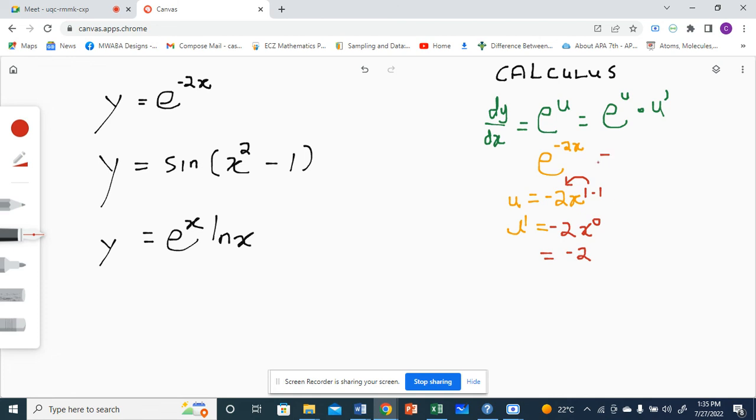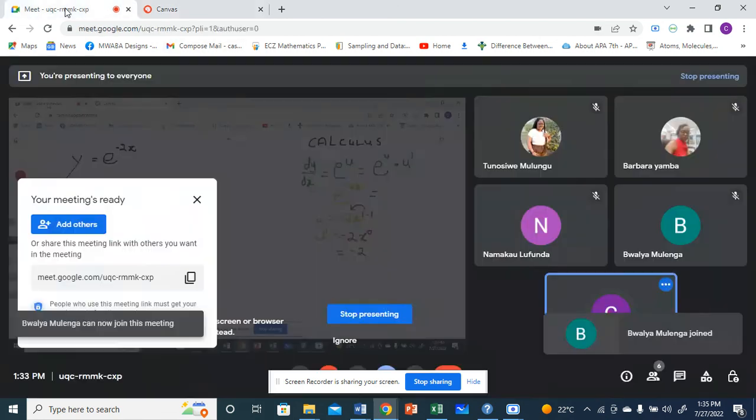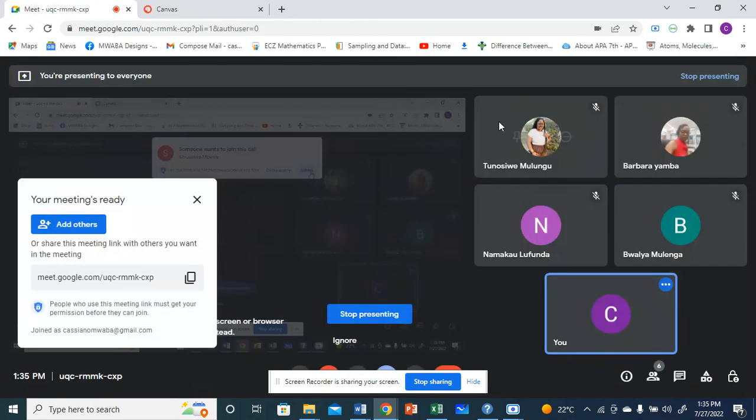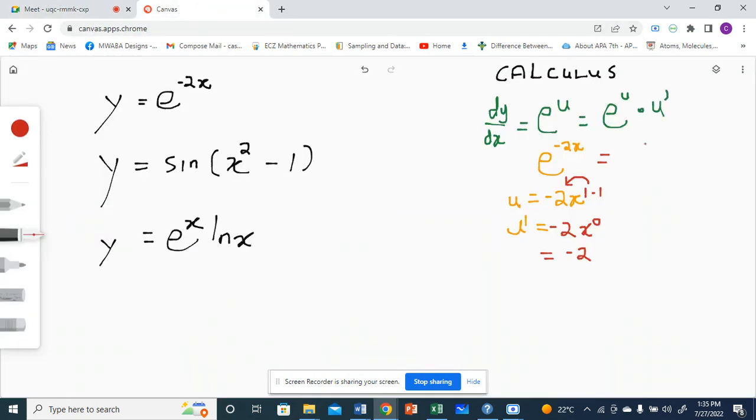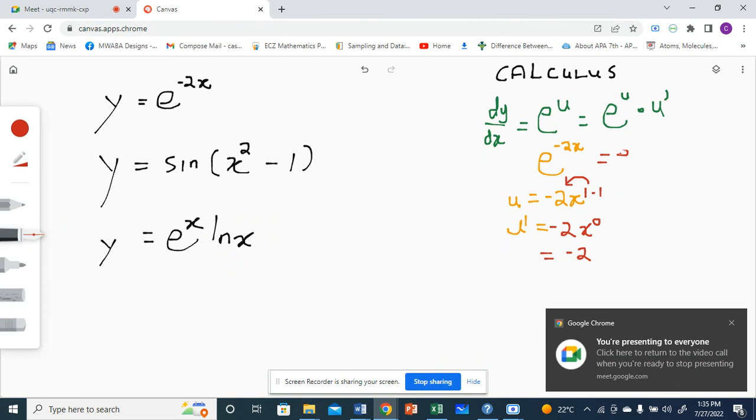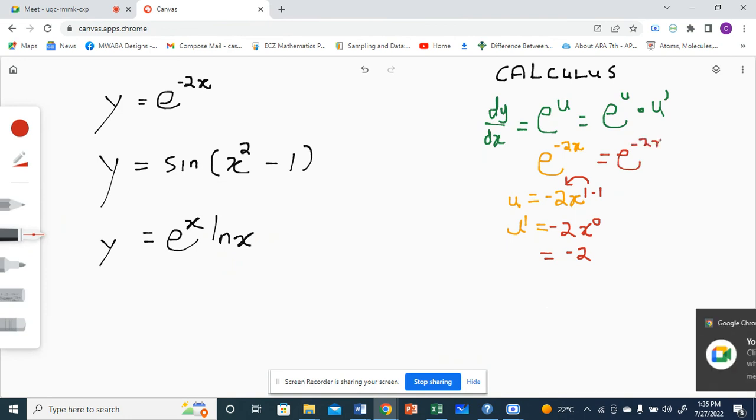So the derivative of e to the power u is going to be e to the power negative 2x times, this dot is multiplication, negative 2. We can rearrange it as negative 2 e to the power negative 2x.